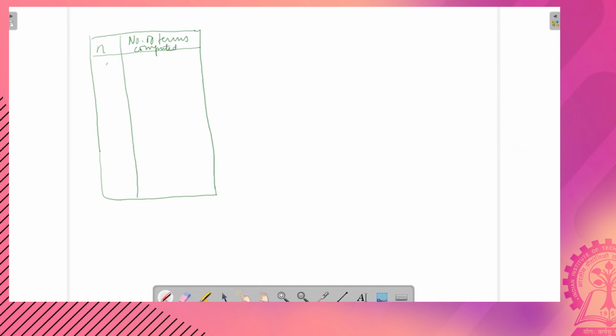If n is 0, the number of terms computed is 1. If n is 1, it is 1. If n is 2, it is 3. If n is 3, it is 5. If n is 4, it is 9. If n is 5, it is 15. If n is 6, it is 25.